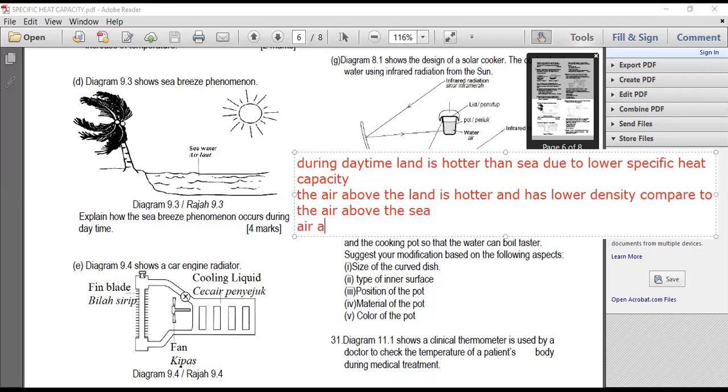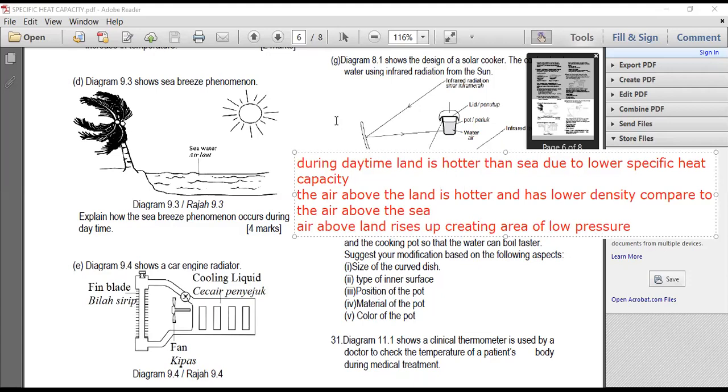So air above land rises up, creating an area of low pressure.